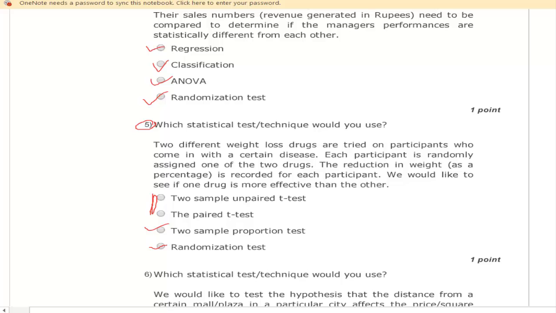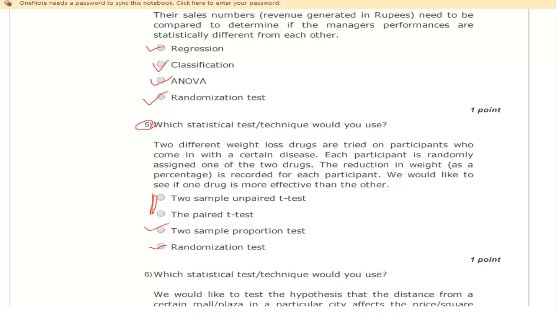I think the critical question is, are the 2 different drugs being tried on the same person? In which case, you might have a logical connection between each data point corresponding to weight loss drug A and each data point corresponding to weight loss drug B. You can say that the connection is the person, because it's tried on the same person.